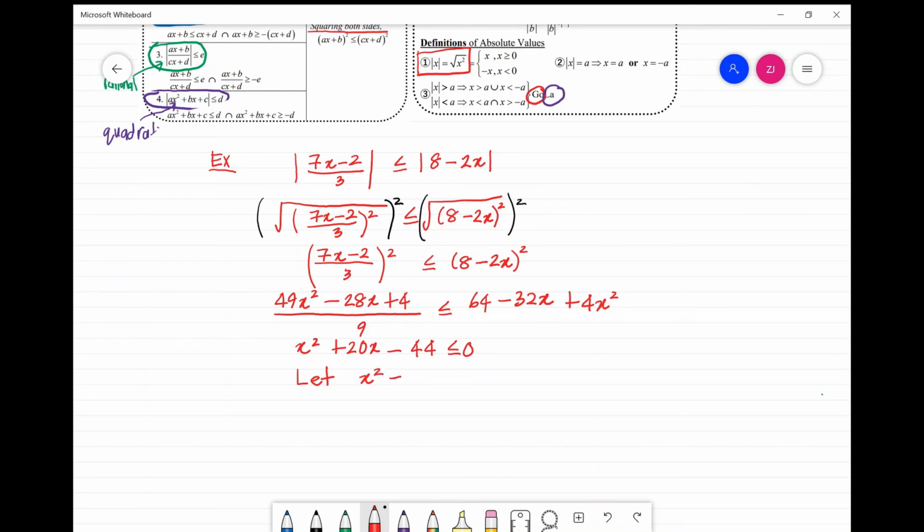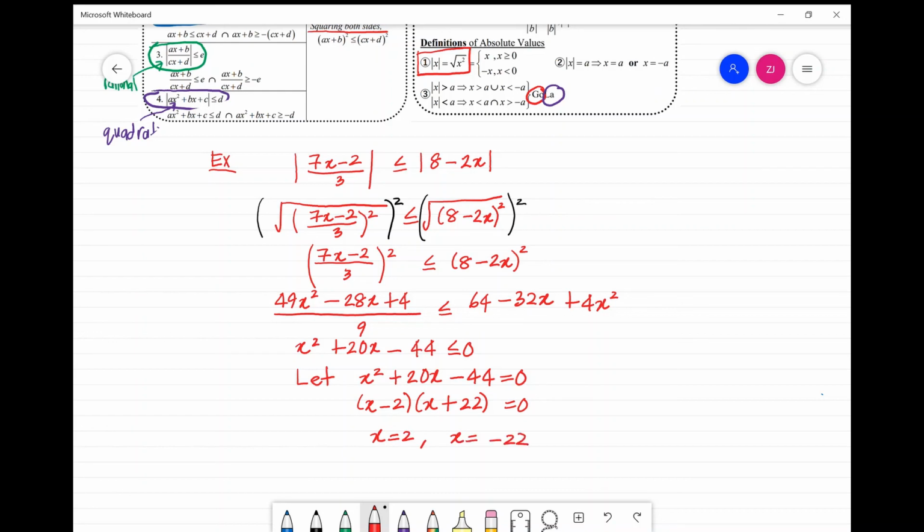We solve this quadratic inequality by using the graphical method. First we let this be 0 so that we can find the roots. So we do factorization: (x minus 2)(x plus 22) equals 0, hence x equals 2, x equals negative 22.